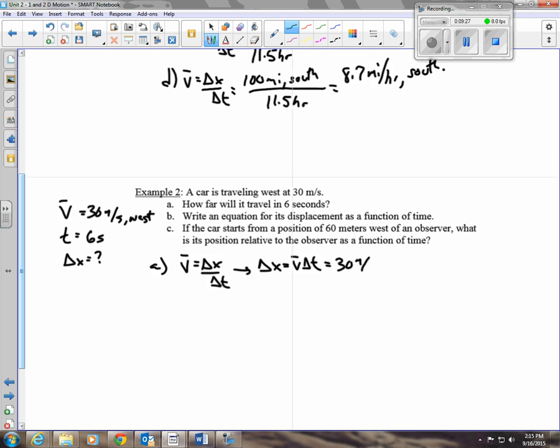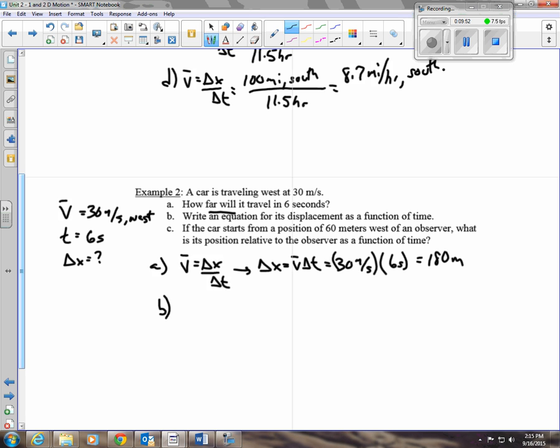I'll get 30 meters per second, and then I'm going to multiply that by the time of 6 seconds. It's going to give me 180. The seconds are going to cancel, and I'm left with meters, which makes sense because it is distance. Now, since I said how far here, it sounds like I'm not looking for direction, so I'm not going to worry about east or west.